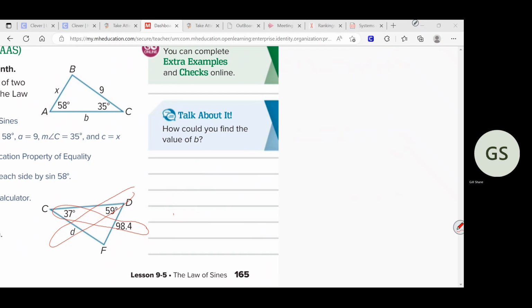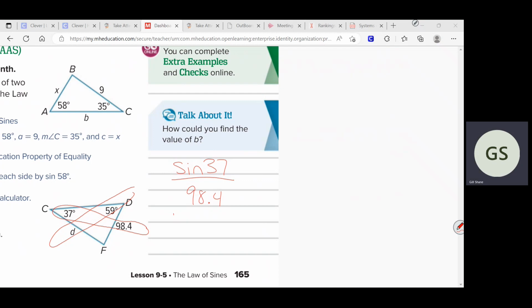So I'm going to take the sine of the angle where I have a number for the opposite side. Doesn't matter which one you do first. Sine of 37 over 98.4. 98.4 is the length of the opposite side.